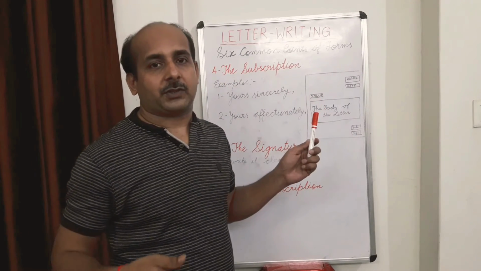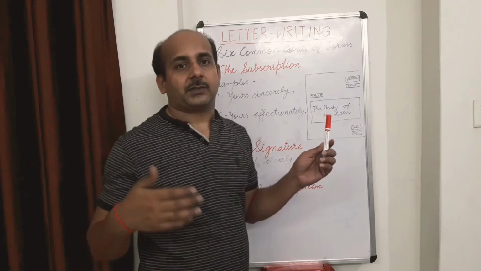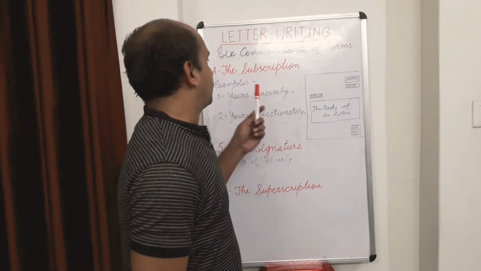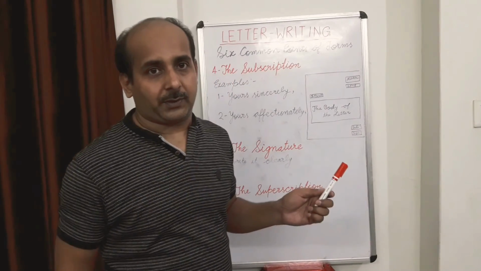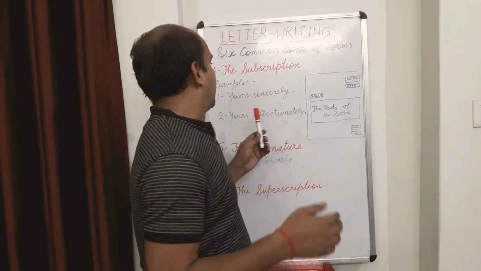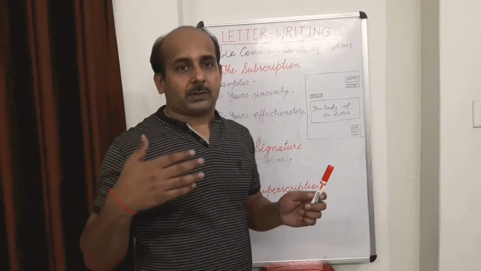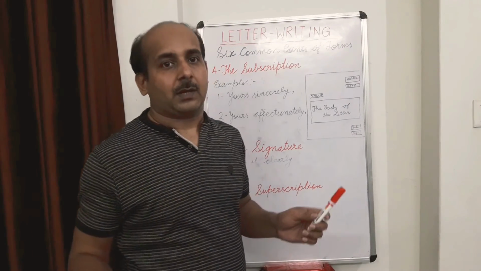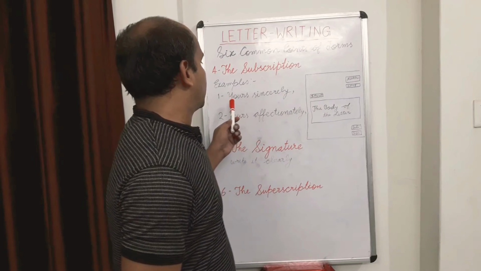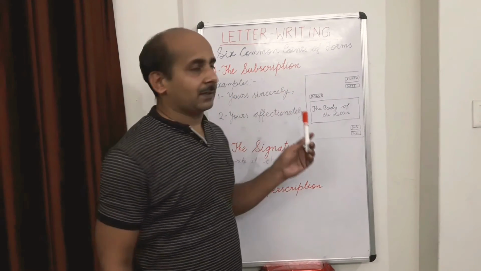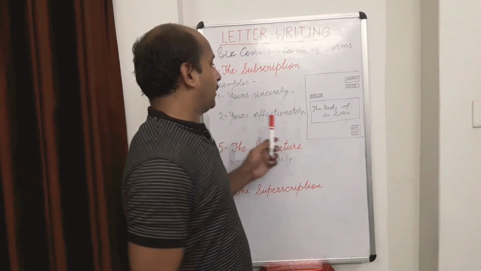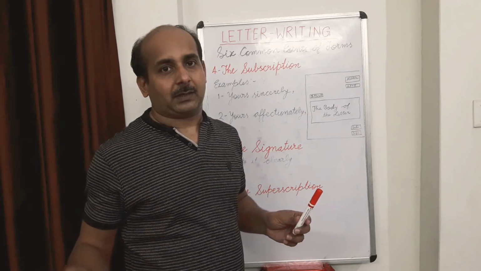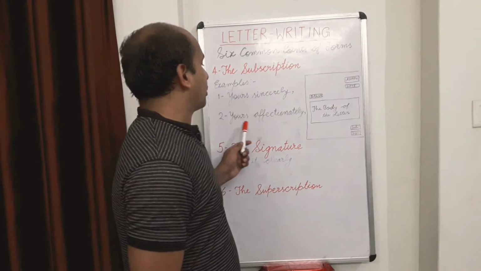The fourth point is the subscription. It's a kind of courteous leave-taking, a kind of complimentary close. There is a relationship between the salutation and the subscription, because if you are writing a letter to an acquaintance, an equal, or a business person, you may use "yours sincerely" as the subscription, and if you are writing to a family member like mother, father, sibling, cousin, you may use "yours affectionately".